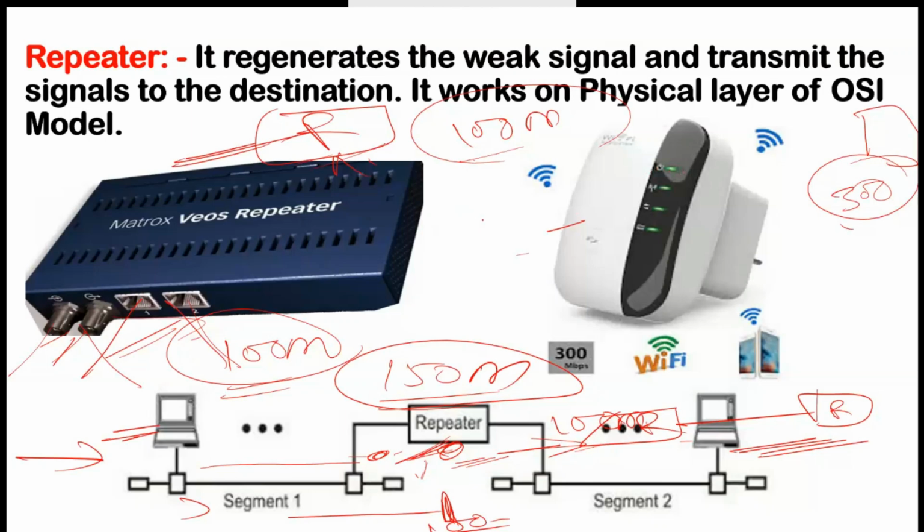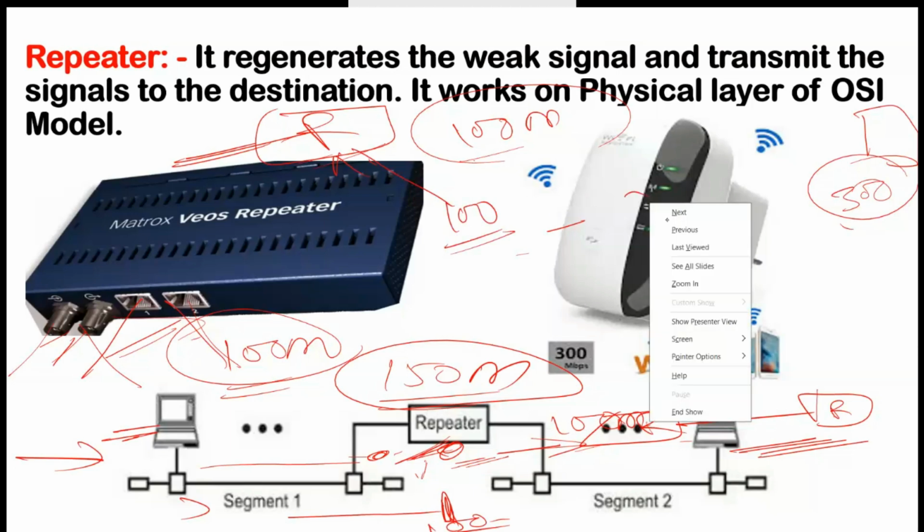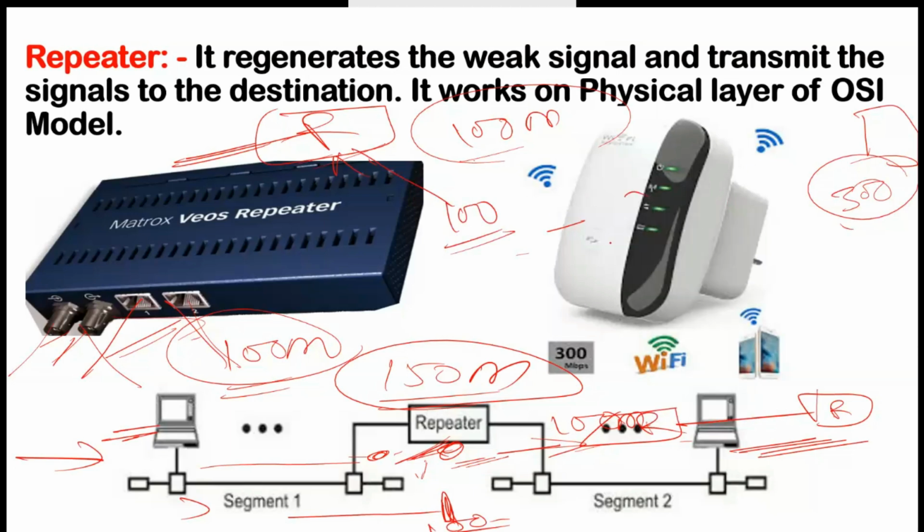Right? So that is the use of repeater, to regenerate the weak signal into a strong signal. With the same bandwidth? Actually, we can say the bandwidth is the same, but some difference will be there. Like suppose if the bandwidth is 100 meter, so we can say 90 or 85 will be there.